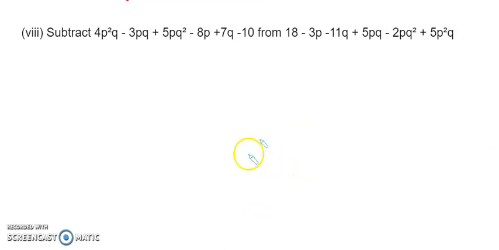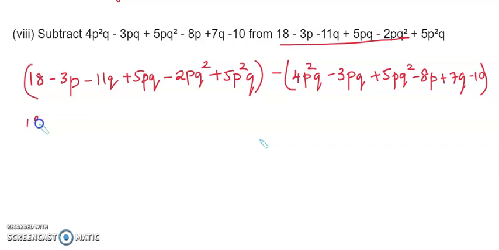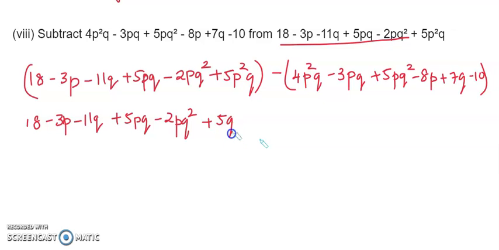So again, what we are going to do is write this in the front and minus by this. Now we'll open it up. It will become 18 minus 3p minus 11q plus 5pq minus 2pq square plus 5p square q, right?